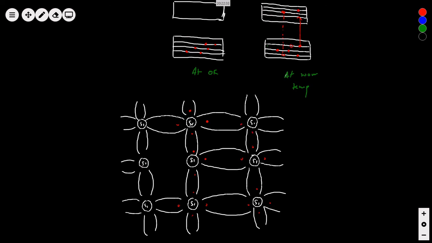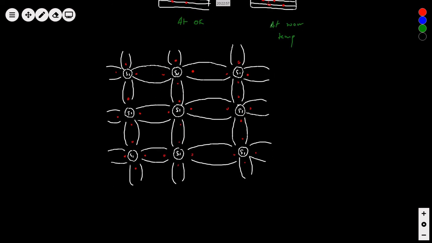They share to form the bond. So this is it. This is the bond structure or bond diagram.